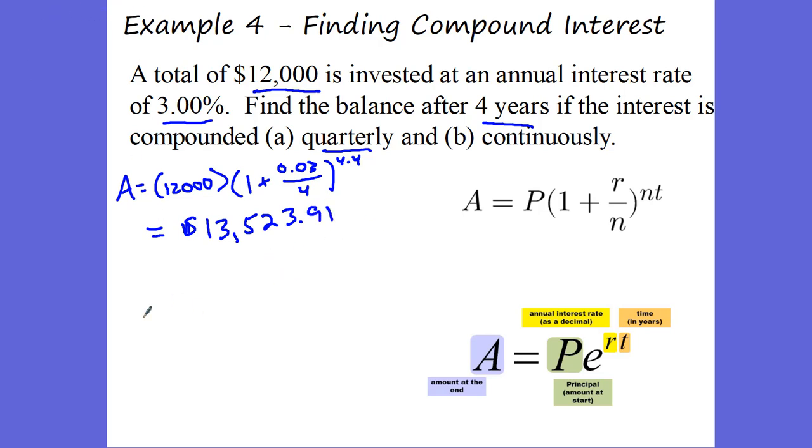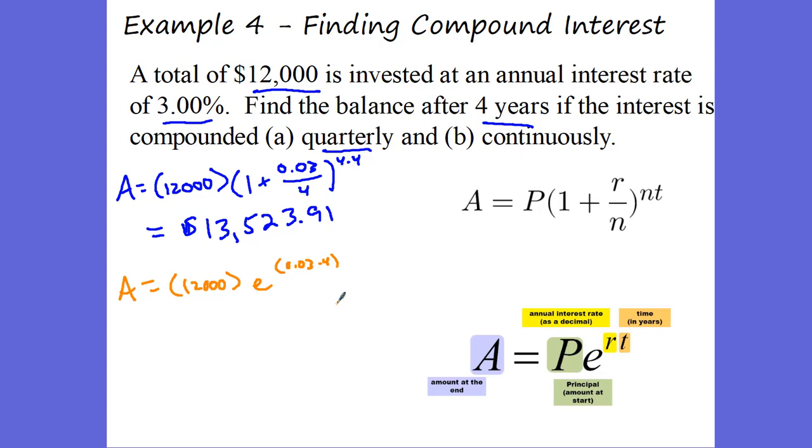But what would happen if we were compounding continuously, not just quarterly, not hourly, not minutely or secondly or microsecondly or nanosecondly or picosecondly, but continuously? So you would have A equals P, that's your principal, $12,000, e to the rt, what's your rate, it's 0.03, what's your time, it's 4 years. So we got $12,000 times e.